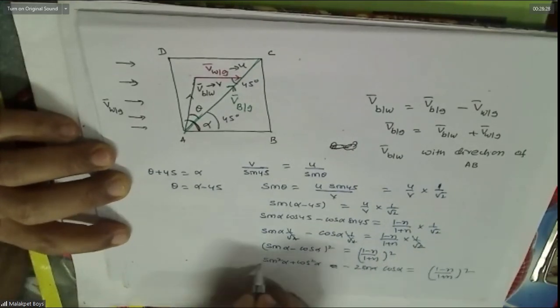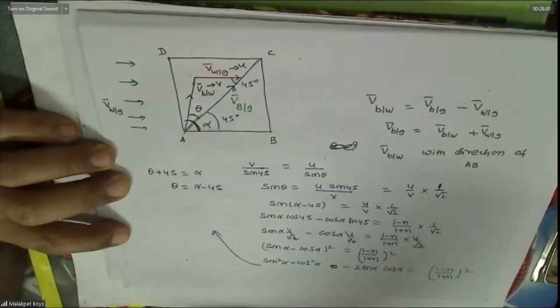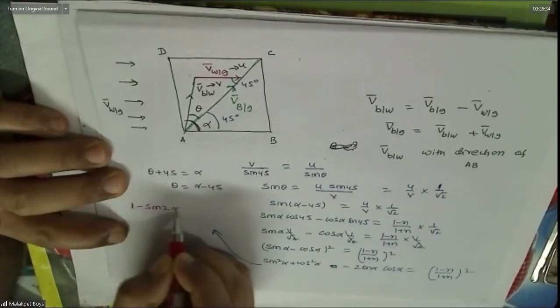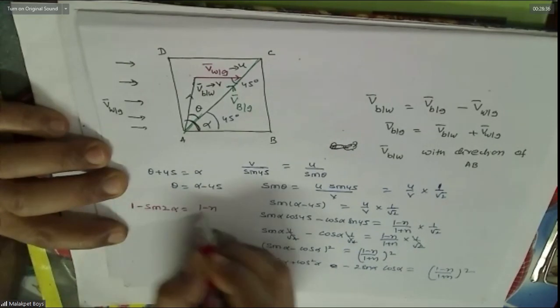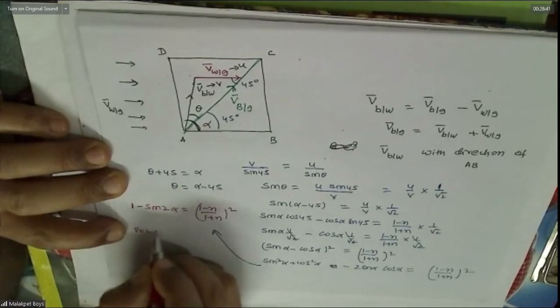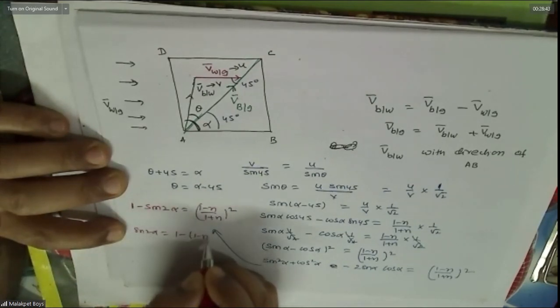This is 1, no? So sine 2 alpha is 1 minus (1 minus n) by (1 plus n) whole square.